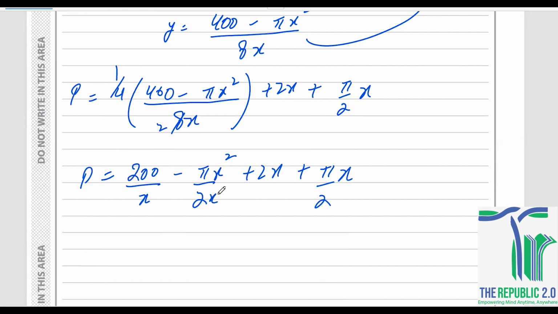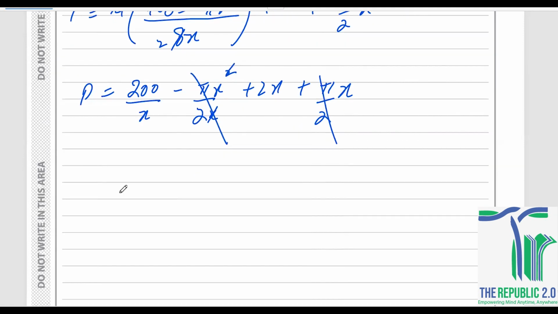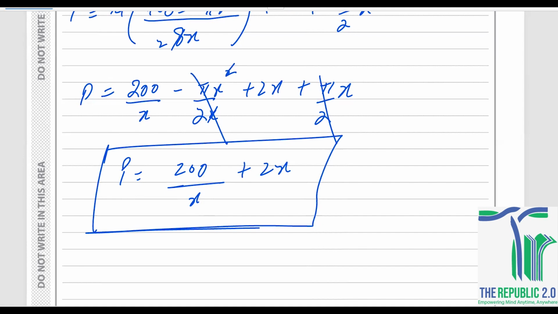Something like this. The πx/2 terms cancel out, and you would have the perimeter. The expression for the perimeter is going to be 200/x + 2x. That is an expression for the perimeter.